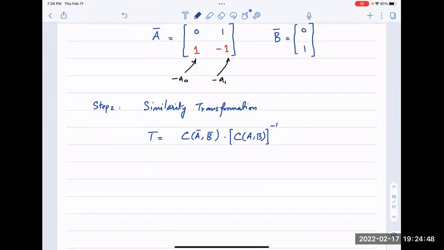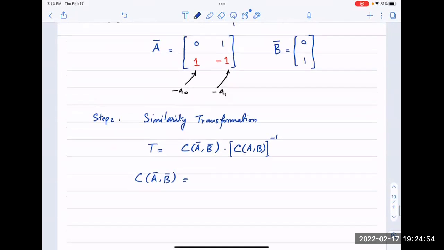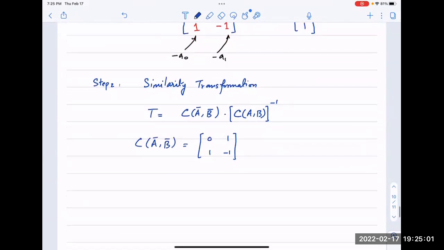CA bar B bar, you can see directly from here, is going to be [0, 1; 1, -1]. And we've already figured out what the CAB is before. I'm just going to reuse that.